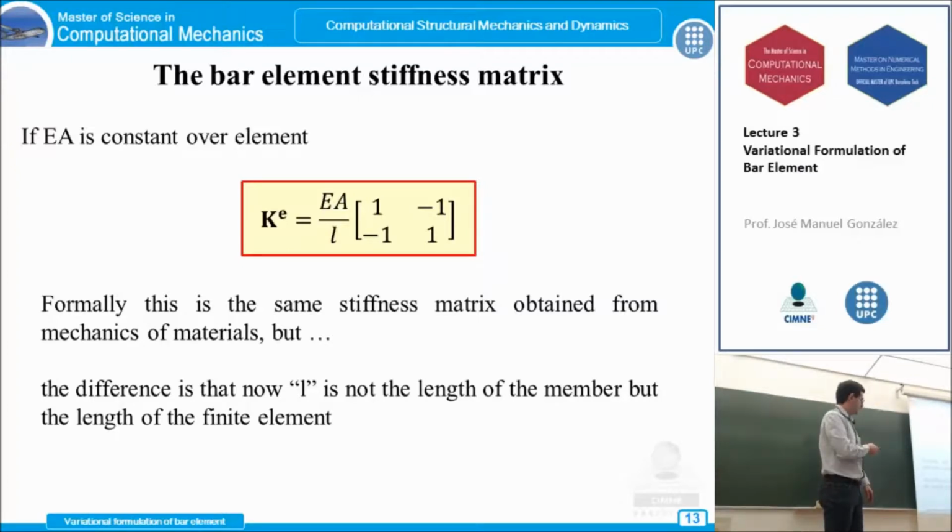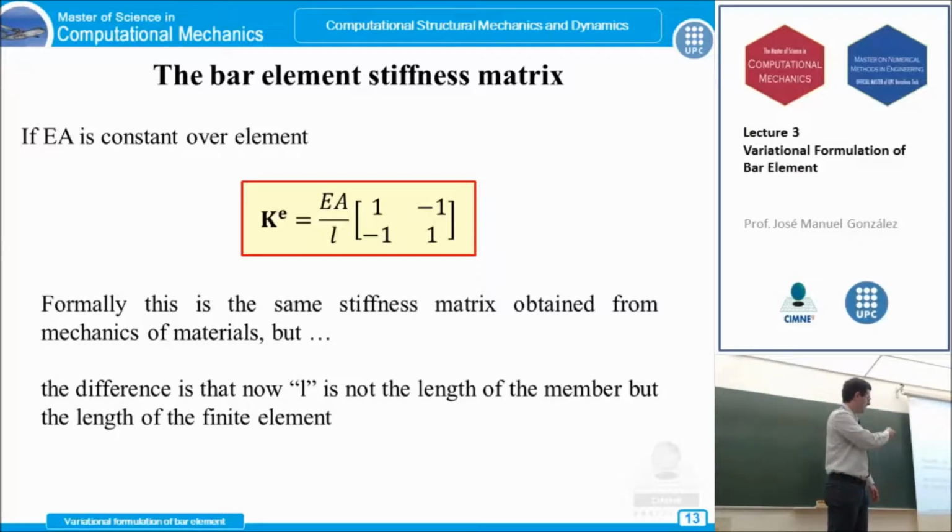The simple difference between this stiffness matrix and the one you found last day is the meaning of this L here.